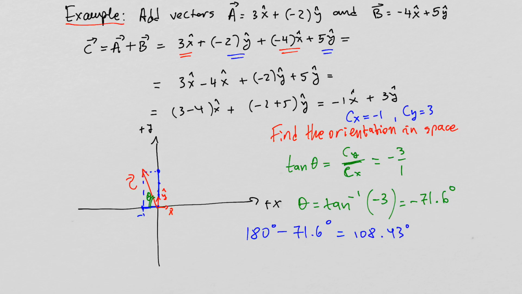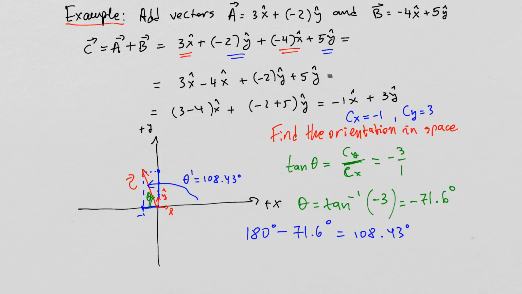So when we talk about orientation of vectors in space, the standard procedure is to find the angle with respect to the positive x-axis in counterclockwise direction. So that will be this angle here, 108.43 degrees.